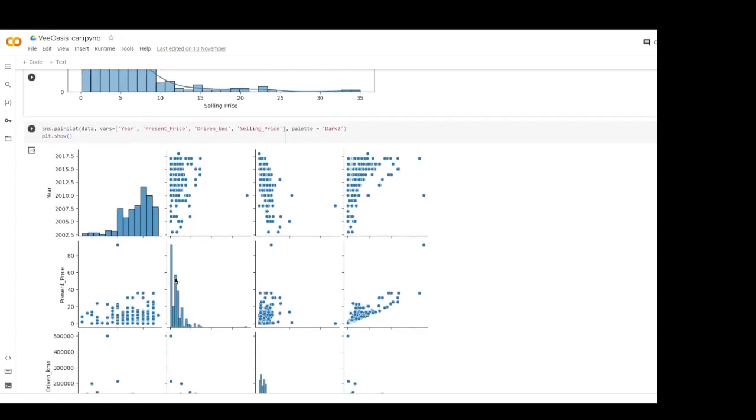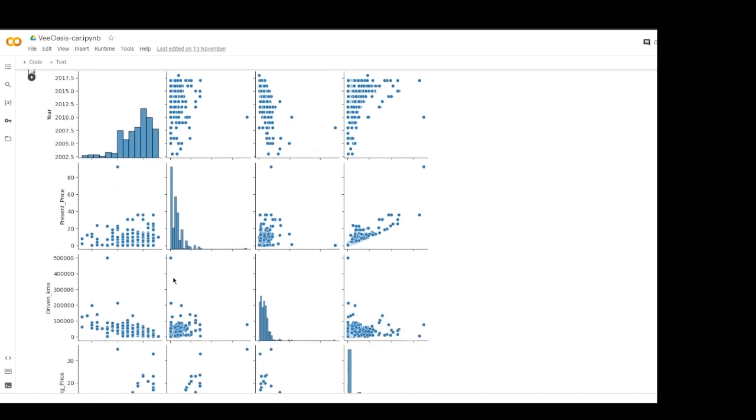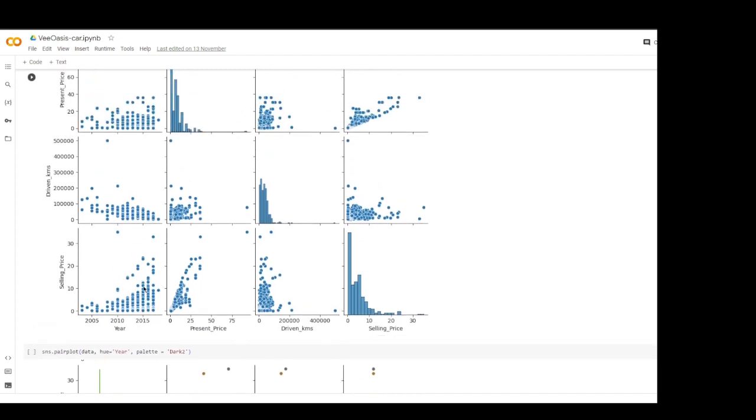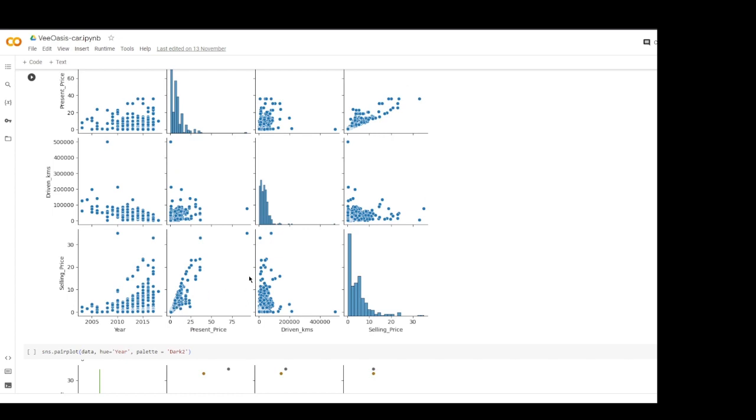Okay, next is the pair plot, allowing us to scrutinize the relationships between numerical features. These scatter plots serve as a visual canvas depicting how each feature interacts with the other. So we can see these are getting divided into categories, and here it's kind of linearly related, and we can gain insights into the interplay between the year and present price.